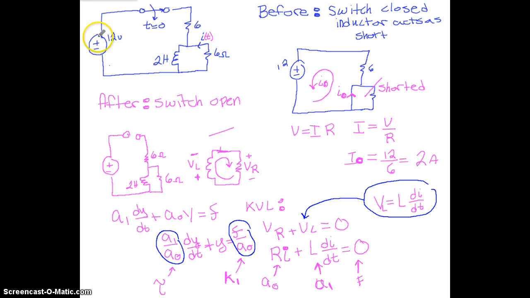So our general equation for these circuits with inductors or capacitors is going to be x of t is equal to K1 plus K2 e to the negative (t minus t initial) over tau.